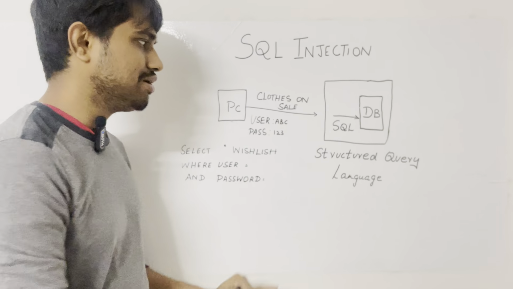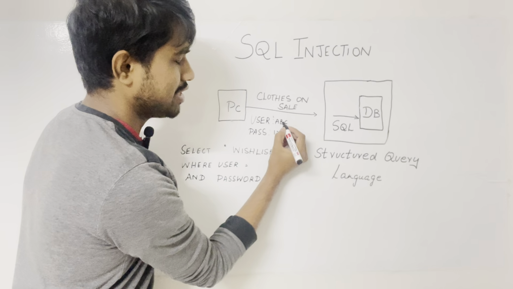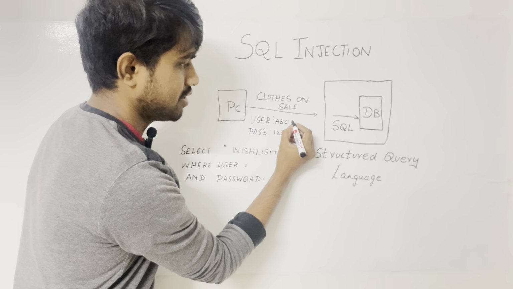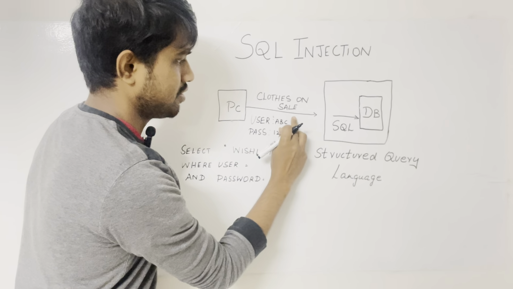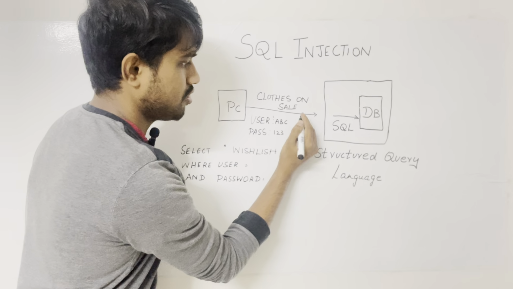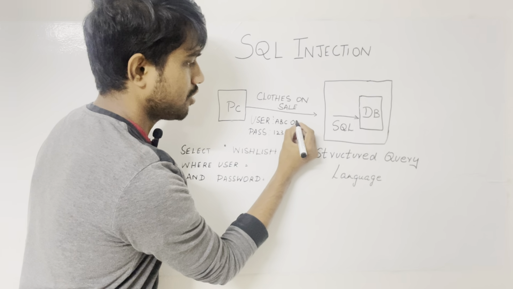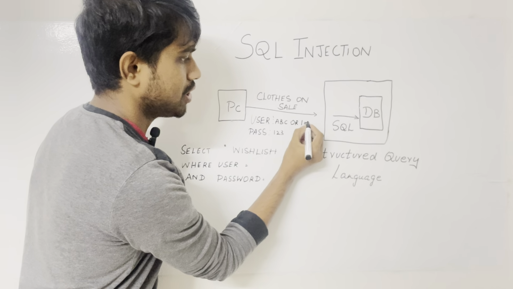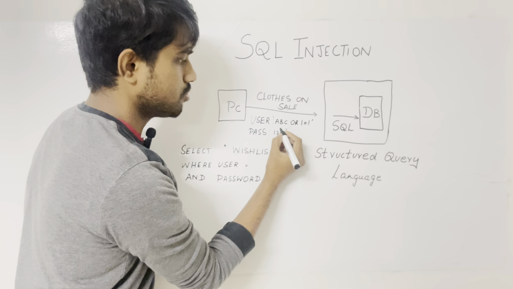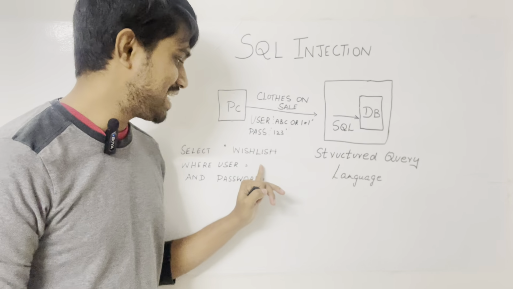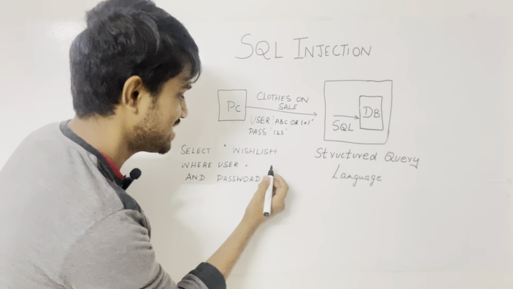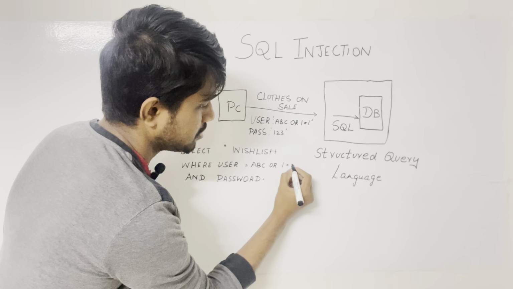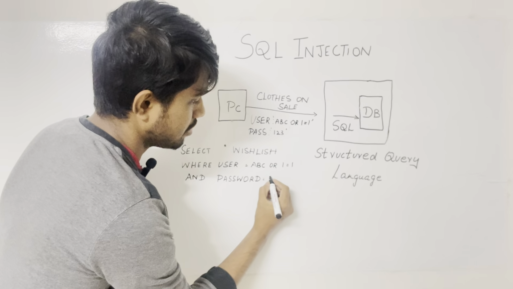What they will do is, in addition to ABC, they will add or 1 equal to 1 and then close the quotes. So when it comes here, it looks like ABC or 1 equal to 1 and password is equal to 123.